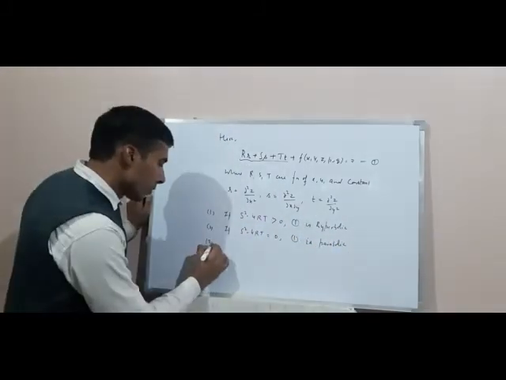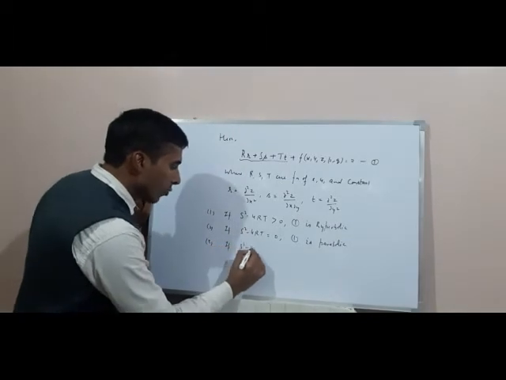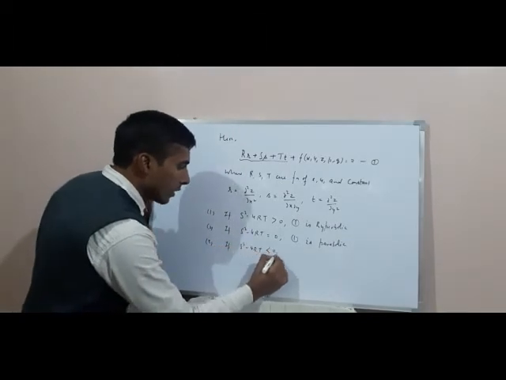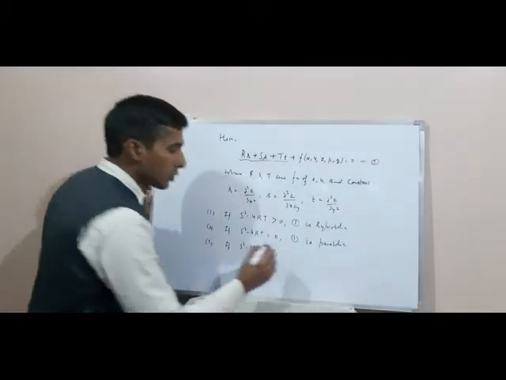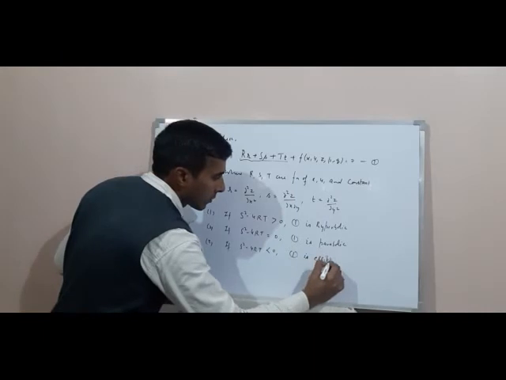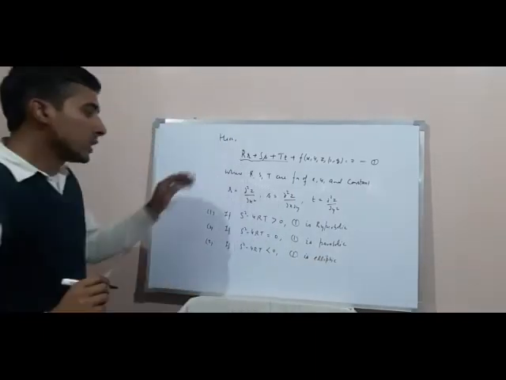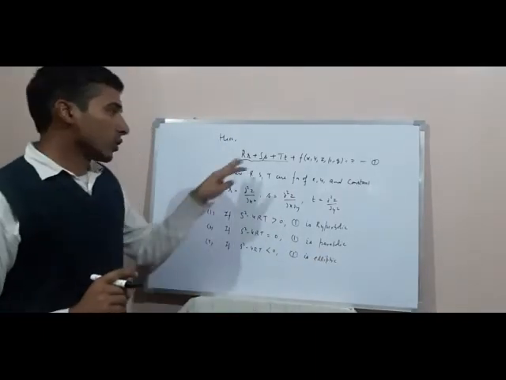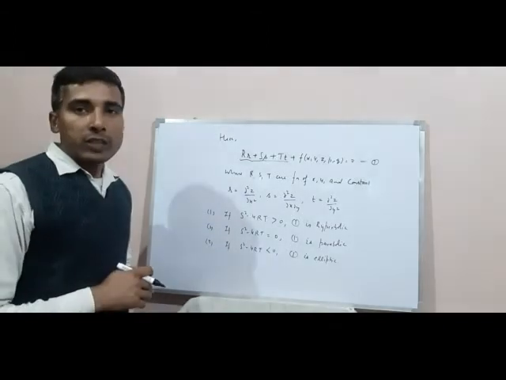If S² − 4RT is less than 0, then equation 1 is classified as an elliptic equation. So these are the three types of classification of a second order linear partial differential equation.